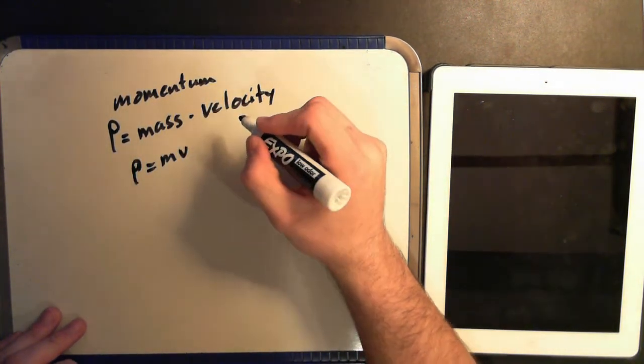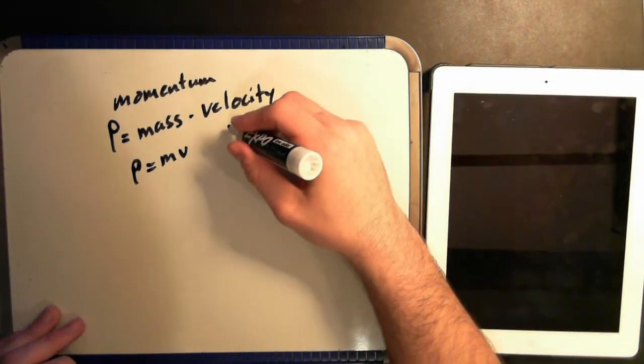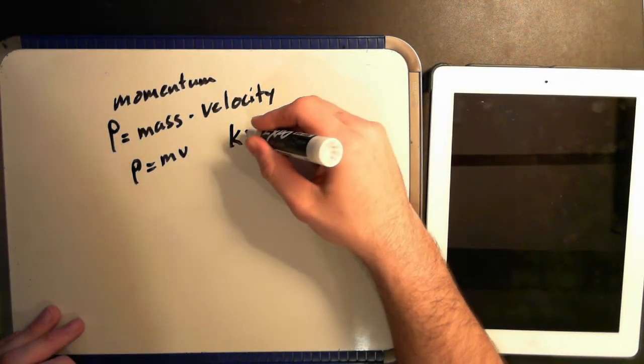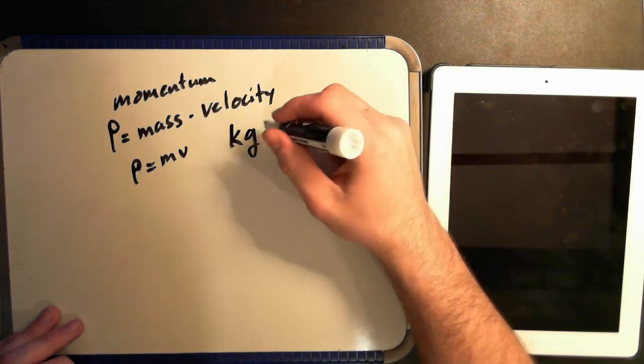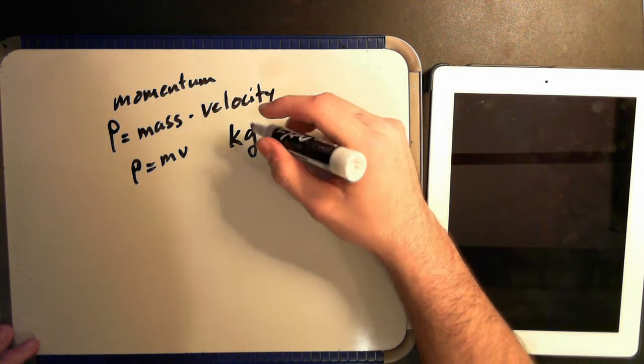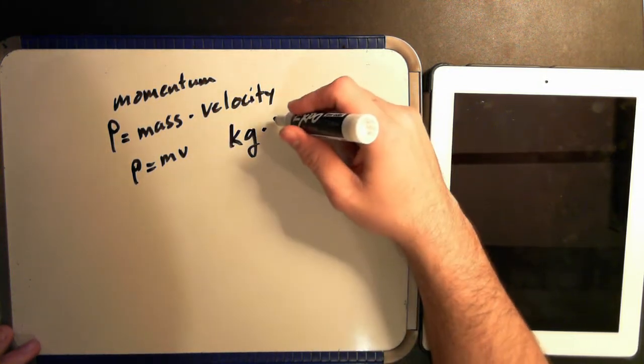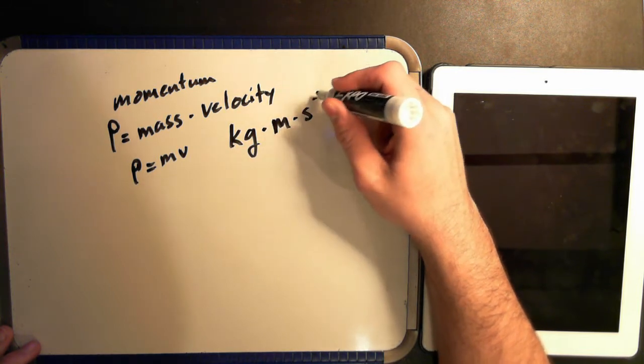There's no specific unit for momentum, so we're just going to say momentum is defined in kilograms, that's mass, times velocity, which is meters per second.